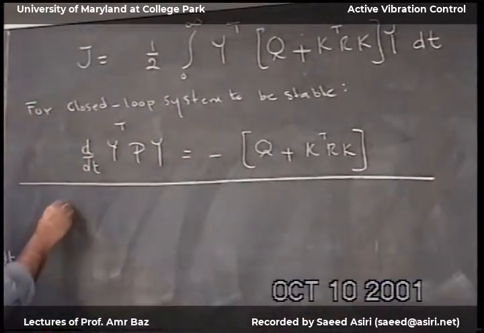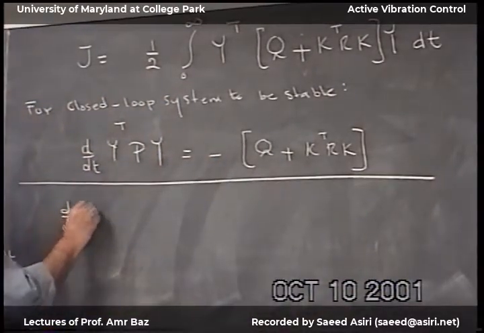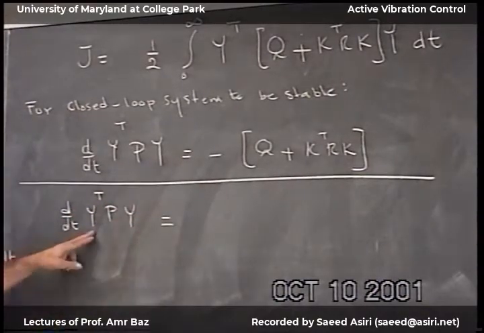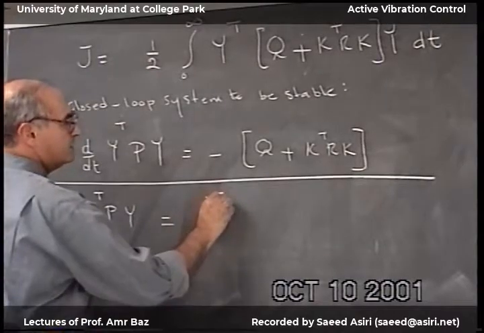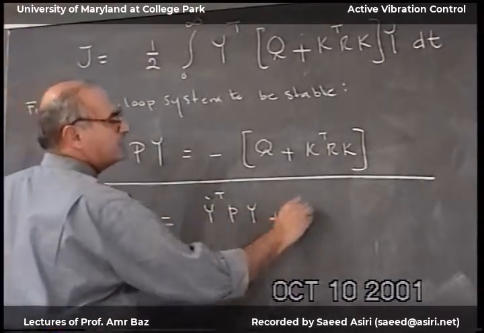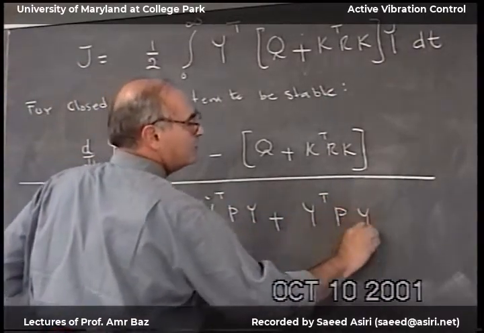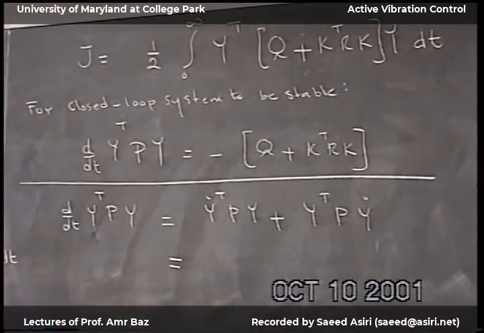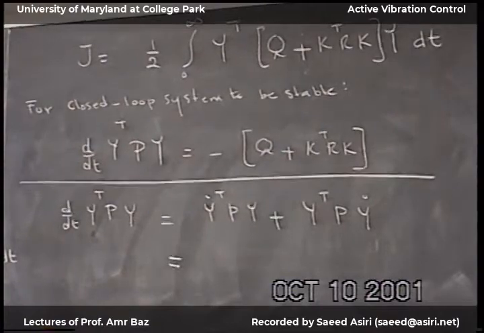So now I come here and I look at first the d by dt, y transpose p y. So this will be y dot p y plus y p y dot. Now the y is not simple function anymore. It is two time domain functions.